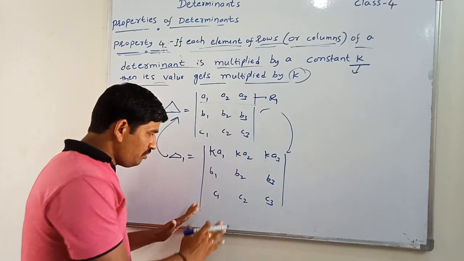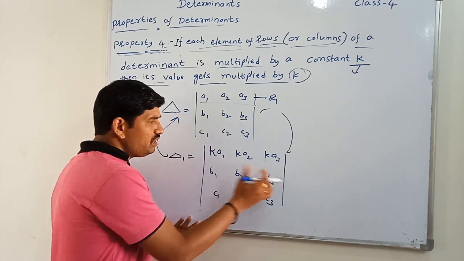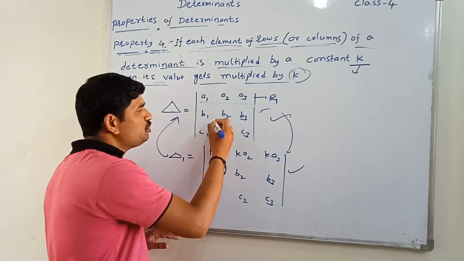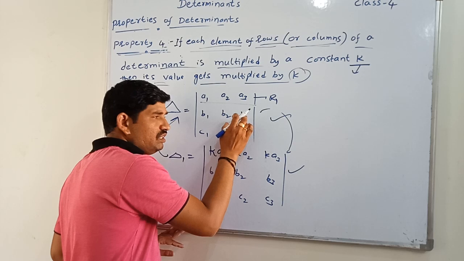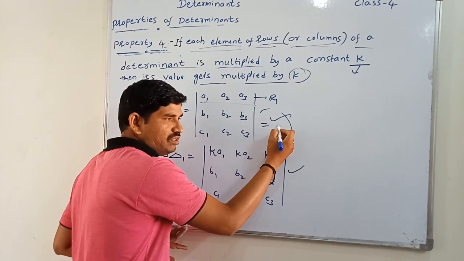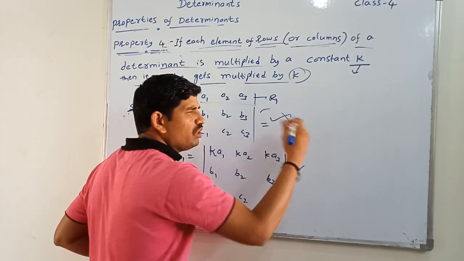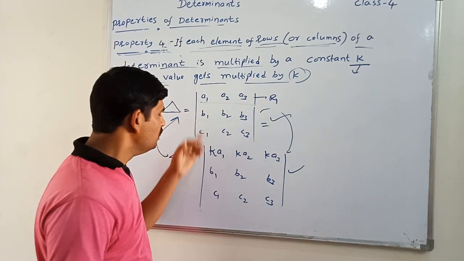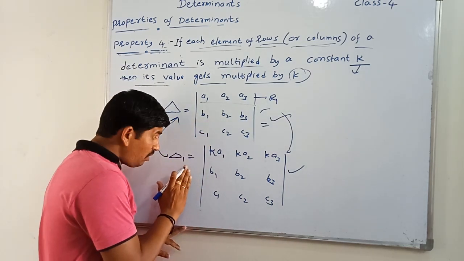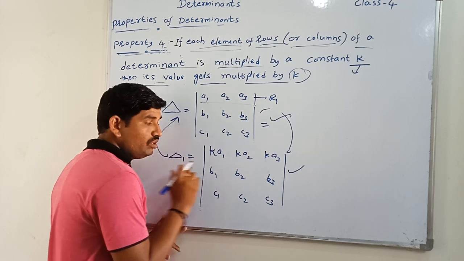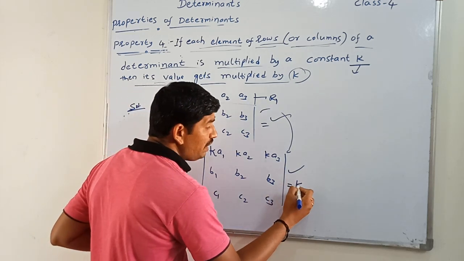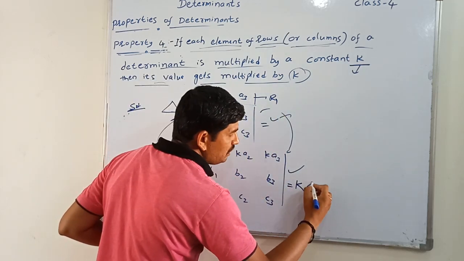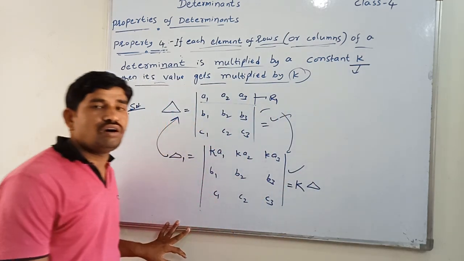So what is the difference between delta and delta 1 now? Suppose we evaluate the determinant delta, we get some result, say 10 or 20, whatever result we get from expanding the determinant. Then if we evaluate the determinant delta 1 also, the result should be k into the value of the determinant, that is k into delta.